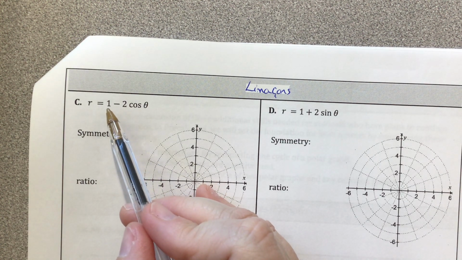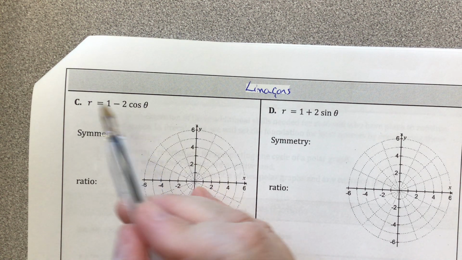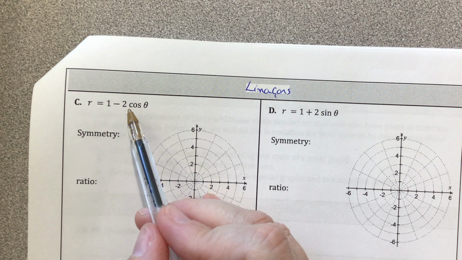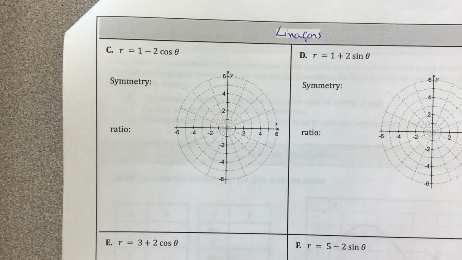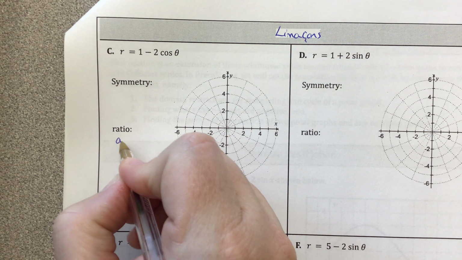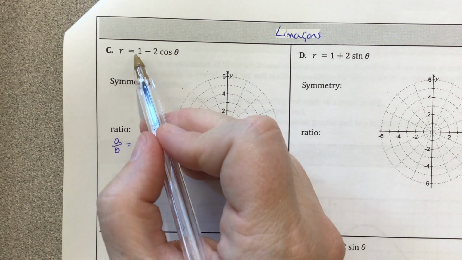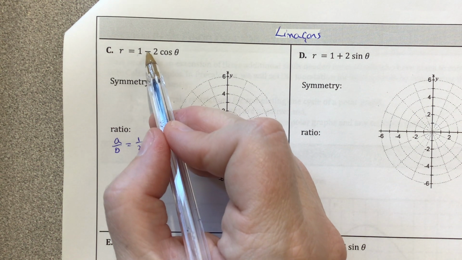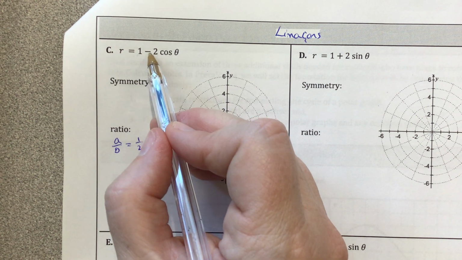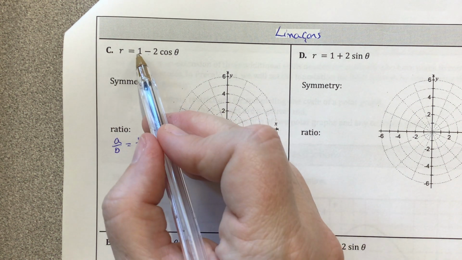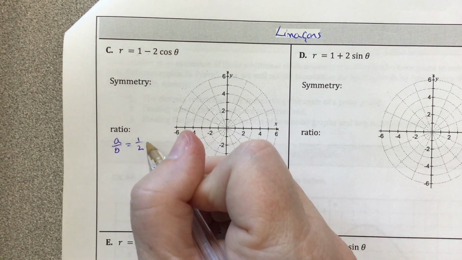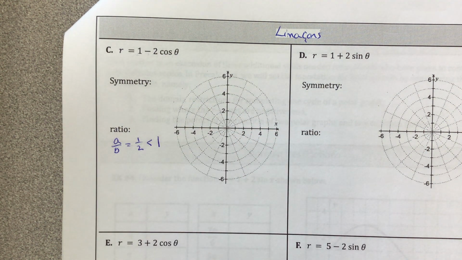In the previous cardioids, A over B gave us 1, but here 1 over 2 is not equal to 1. When the ratio A over B, which in this case is 1 over 2, again, A and B are just these numbers. Ignore the sign. That just tells us which direction to go on this axis. But the number 1 over the number 2 is less than 1.